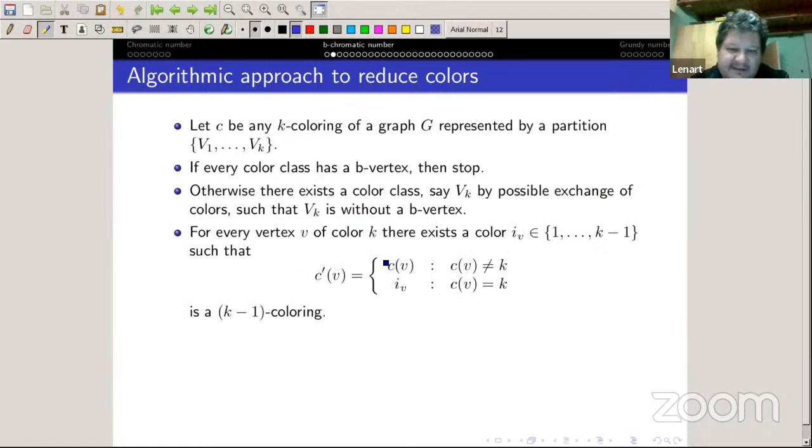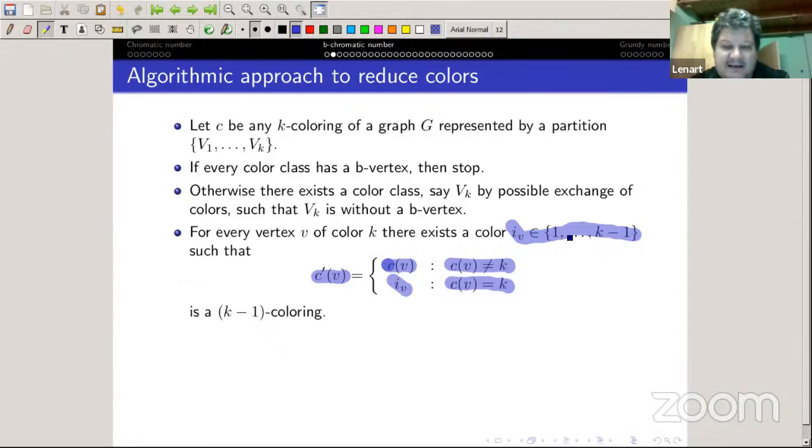And this is formally done like that. We introduce a new coloring C prime, and this C prime is the same as C as long as the color of v is different than k. But if the color of v equals k, then we choose a color i_v, some color from the set of colors from 1 to k-1, and such a color exists because v is not a b-vertex.